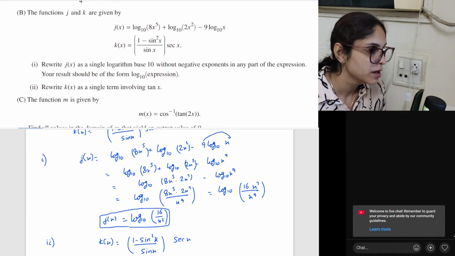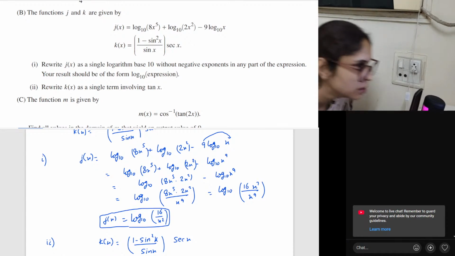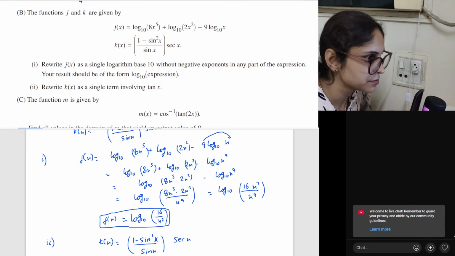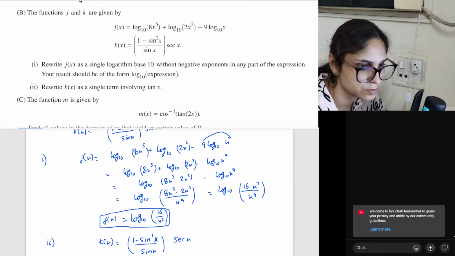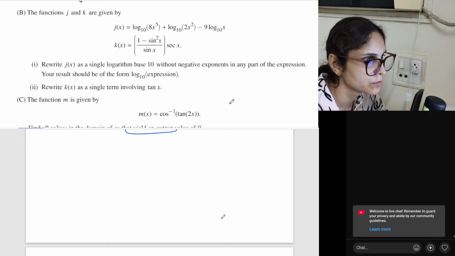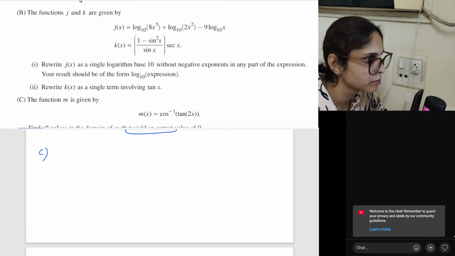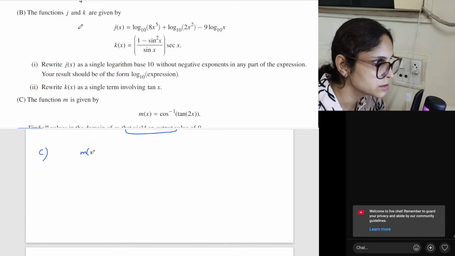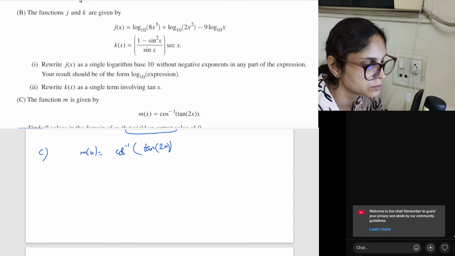All right. Now part C, m of x is given as cosine inverse of tan 2x.